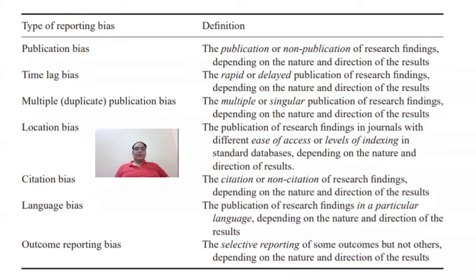Then you select only those papers where results are good, and you exclude those papers where results are not good. Then location bias. Location bias means you may include studies in the US, India, Europe, developed countries. You may not include those studies which are conducted in Afghanistan, Bangladesh, Sri Lanka, maybe, or Africa, Ghana. So there may be a location bias.